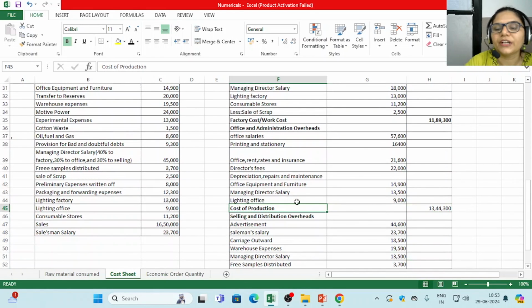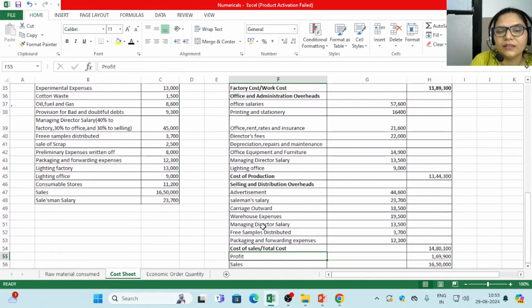In cost of production, we will add selling and distribution overheads. Selling and distribution overheads are the expenses, as we have discussed, related to the sales of a product, advertisement, salesman salary, and so on. We will add these selling and distribution overheads to the cost of production, and we will be arriving at a value of total cost or cost of sales.